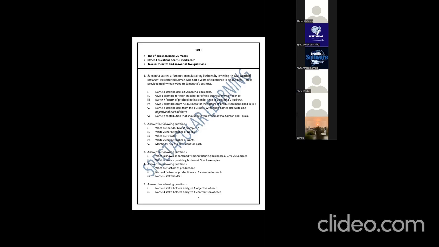Okay. Then name 2 stakeholders from this business, write their names and write one objective of each of them. So now you all mentioned owner as Samantha. Tell me one of the objective of an owner.